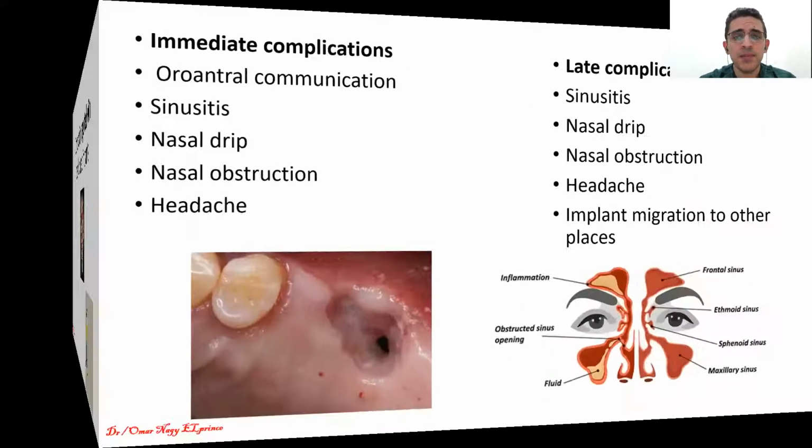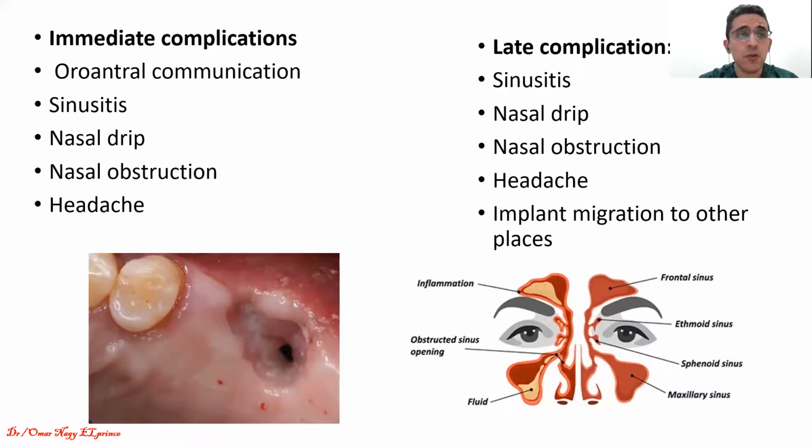يعني احنا لو اتكلمنا عن الكومبليكيشن of course عندنا الاورو انترال communication، ودي بتبقى يعني complication which is salient، وبتبقى ظاهره وواضحه للبيشنت وكل حاجه ان البيشنت عنده regurgitation وعنده oro-antral communication.